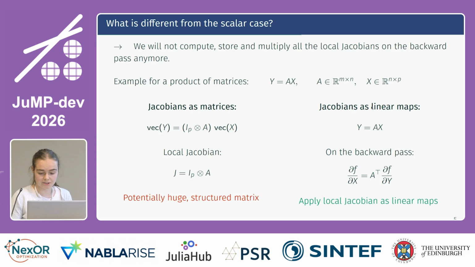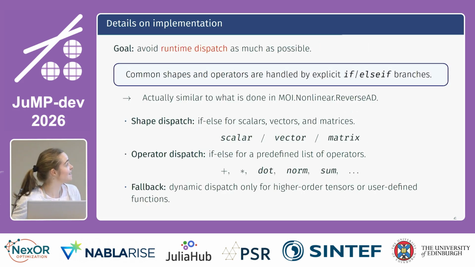It makes much more sense to see Jacobians as linear maps. Anytime you encounter this operation of multiplying by a matrix, you know that on the backward pass, you simply have to apply this linear map: multiply the quantity you receive by A transpose, and you get the quantity you want to continue your backward pass. So this was the second thing we did differently compared to the scalar case.